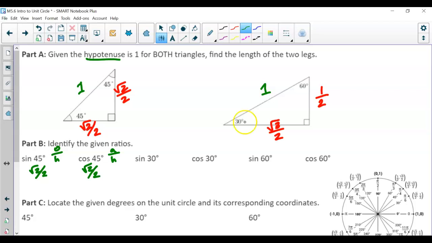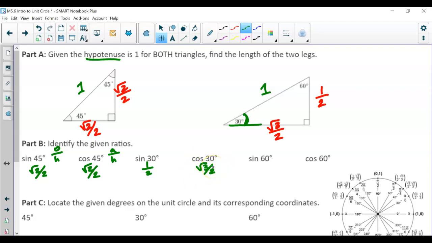Then sine of 30 degrees. So sine is opposite over hypotenuse again, right? So this was 1/2 divided by 1, which is just 1/2. Cosine is adjacent now. So adjacent is radical 3 over 2 divided by 1.